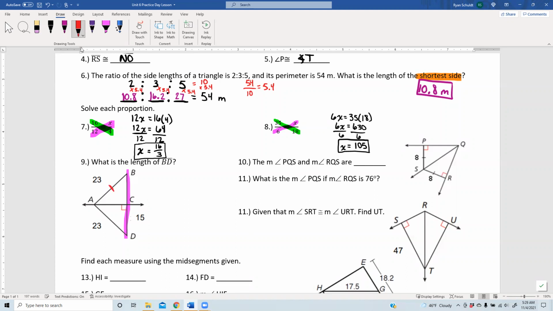These two are equal. That means these two have to be equal, so BC must be 15. Together, this gives us 30. So BD is equal to 30.